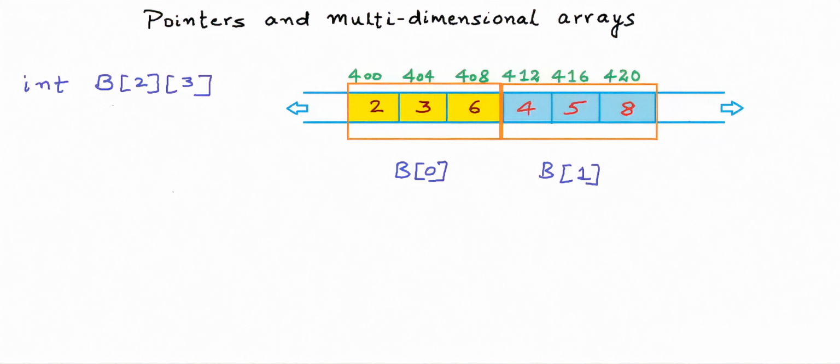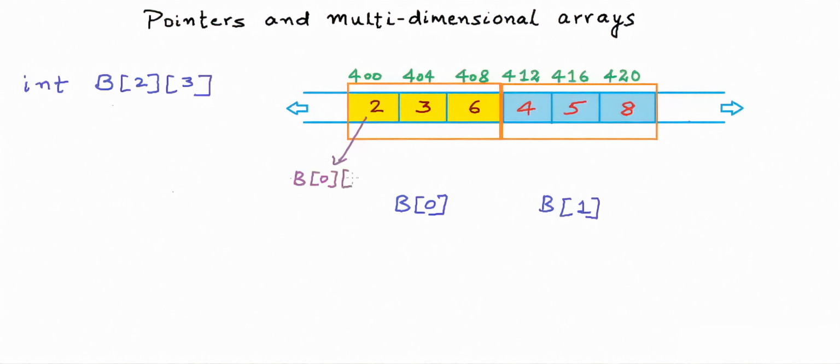Now let's look at this. B0 is from byte address 400 till 411. We have 3 integers and we have 4 bytes for each integer. The first integer, that we can access as the element at 0th index of B0, is taking 4 bytes, starting address 400.